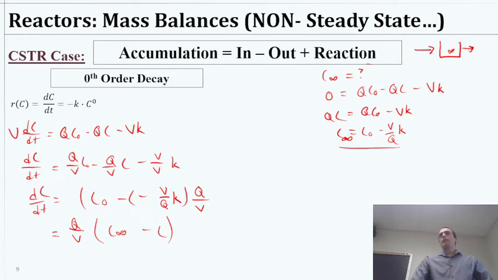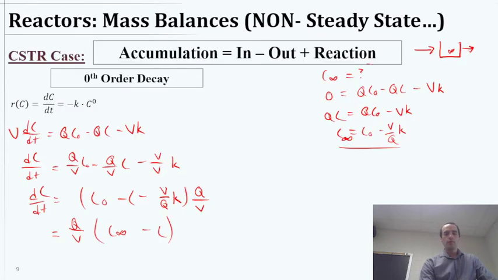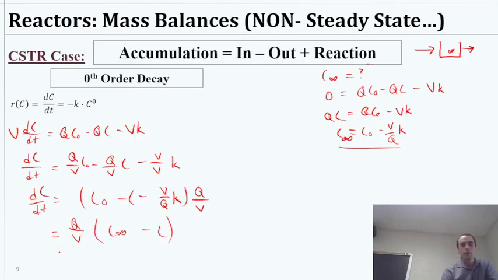And that's starting to look a lot like what the book was showing us for this problem, right? They extracted a C minus C at infinity by factoring out this stuff, Q over V plus kd. They also factored out a minus term, which is how they flipped this. So let's go ahead and extract out the minus term as well.